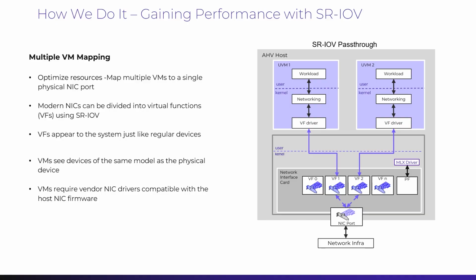The VM will see devices, or NICs, as the same model as the physical device. The NIC configuration is achieved using NIC profiles to assign the virtual function NIC to the VM. More on that later. Once a VM is connected via a NIC profile to the virtual function, all network traffic will bypass the hypervisor, flowing directly between the NIC and the VM.